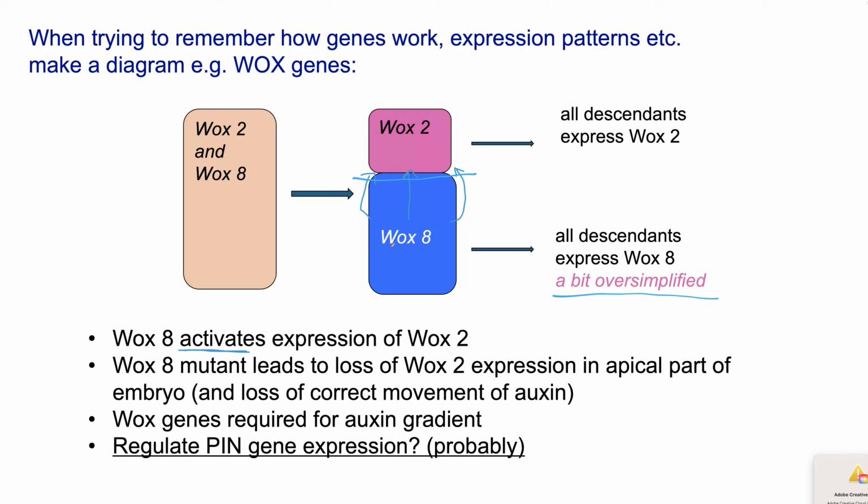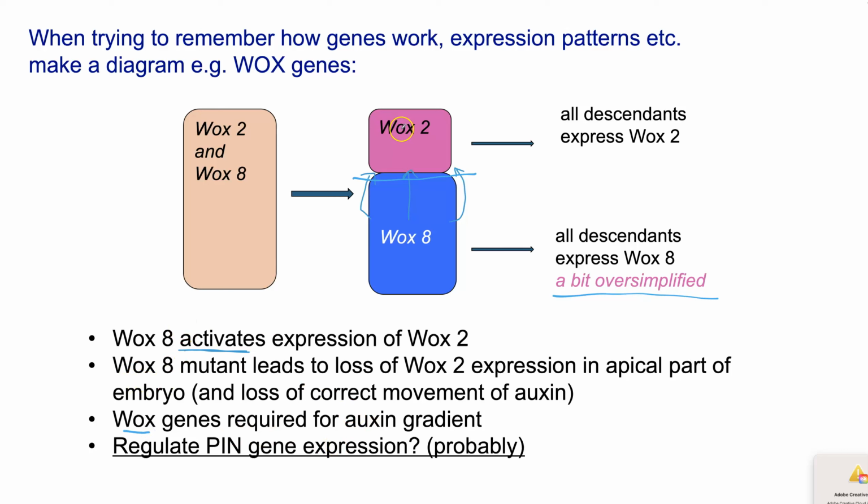And if you look at mutations in WOX8, what happens is that WOX2 is kind of lost in that apical cell, and the correct movement of auxin in that and other cells is also lost. And so this tells us that these genes are required for the auxin gradient.